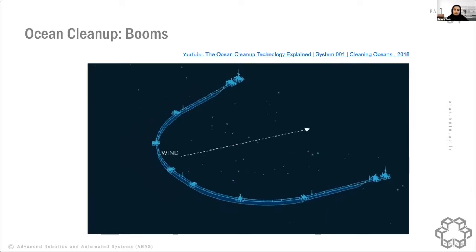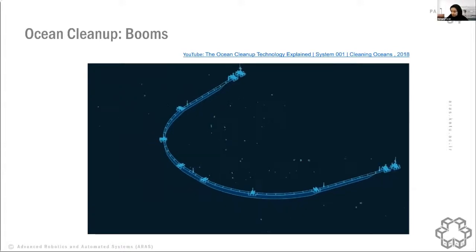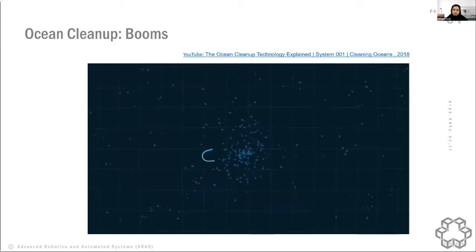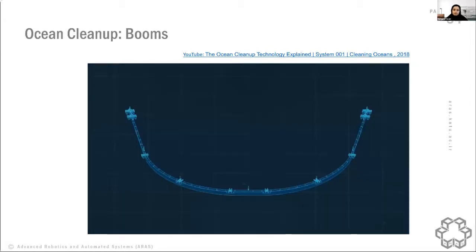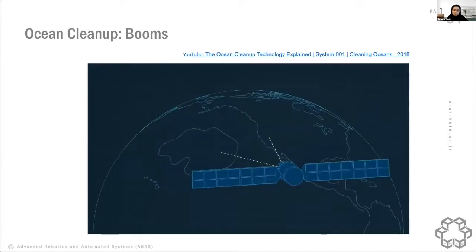And because the system, like the plastic, is free-floating, it automatically drifts to the areas with the highest plastic concentration. Fitted with solar-powered lights, collision systems, cameras, sensors, and satellite antennas, the system actively communicates its position at all times and continuously gathers performance data.